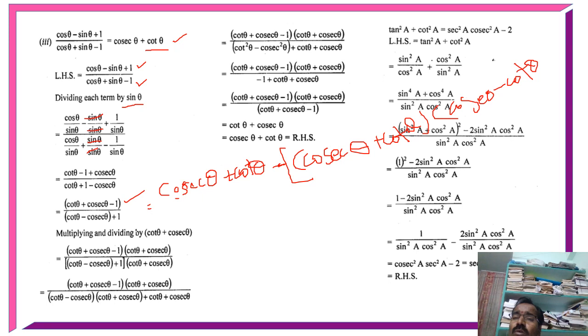If you observe, the denominator remains the same, no change.